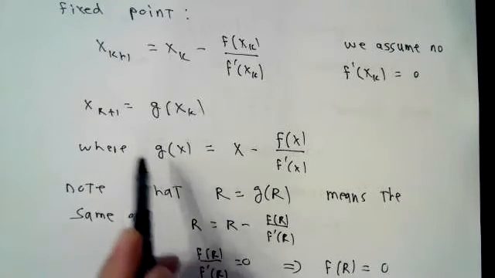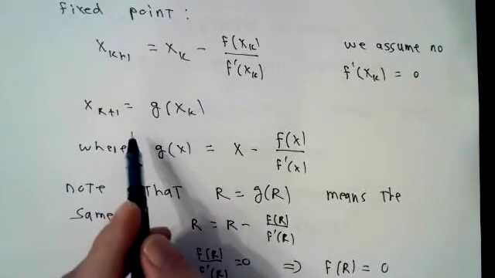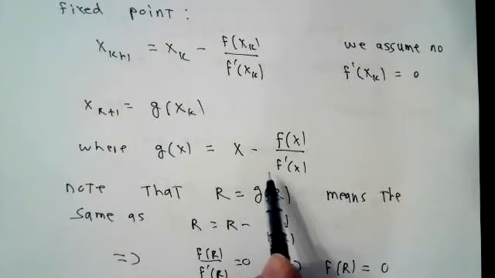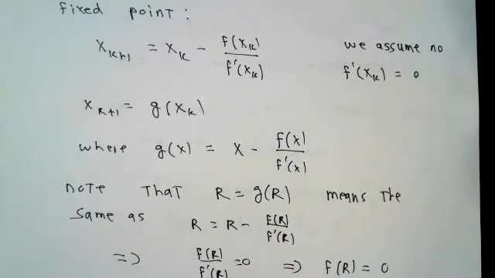g of x, if I'm thinking of Newton as being a fixed point method, must be x minus f of x over f prime of x. r being a fixed point of g, that is, r equal g of r, in this Newton method is equivalent to r equals r minus f of r over f prime of r.